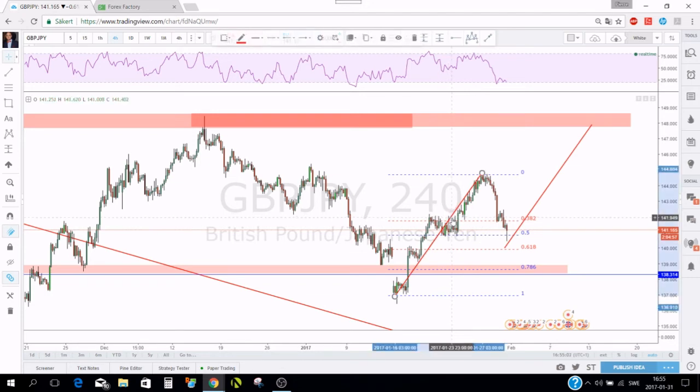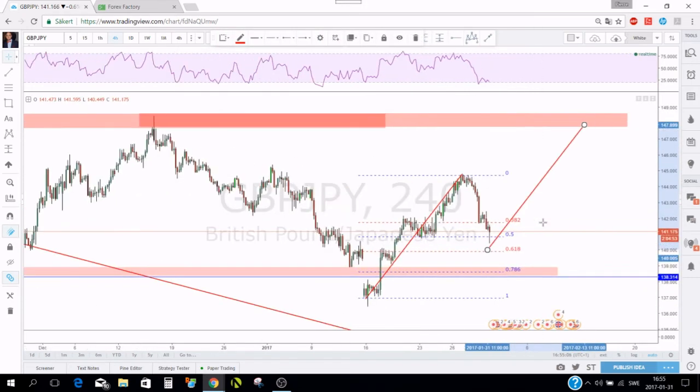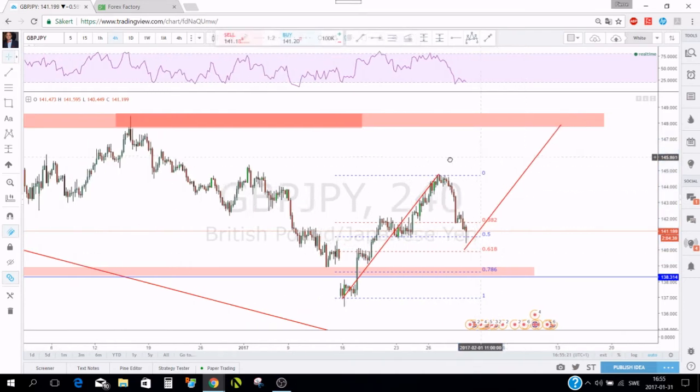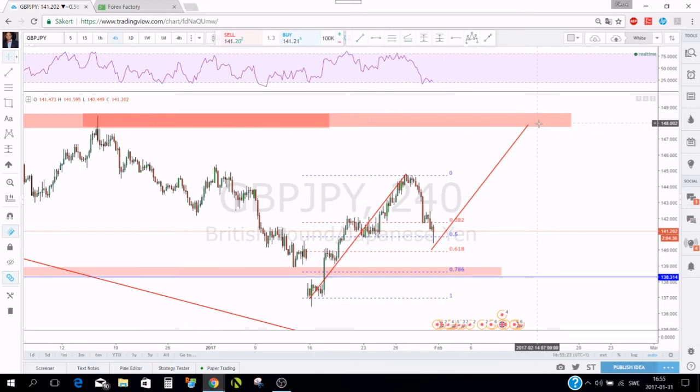This leg and this leg. Okay. So I would be happy to see a little bit more down here to really test the 0.618, and if price gets back up to this level, I'm going to be looking for short.